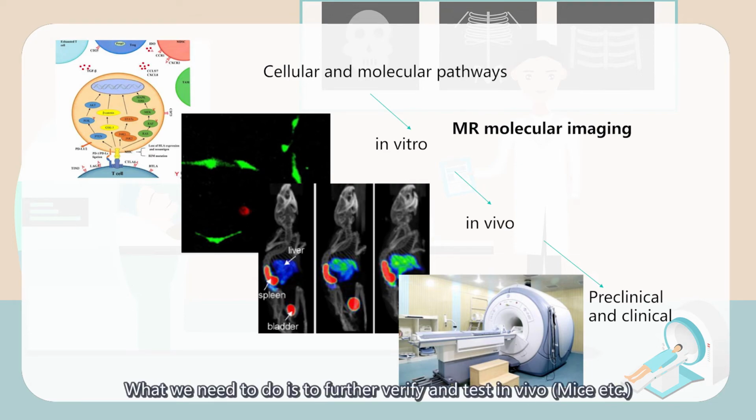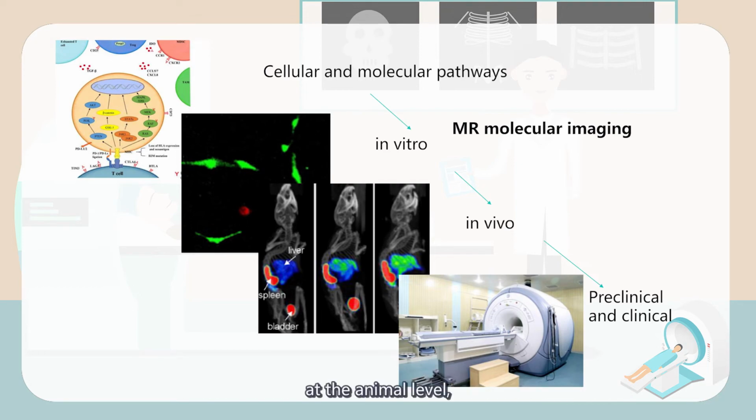What we need to do next is to first verify and test in vivo at the animal level, such as imaging effects, therapeutic effects, and so on. Finally, we can enter the next preclinical experiments to provide some hints for future clinical research and diagnosis and treatment.